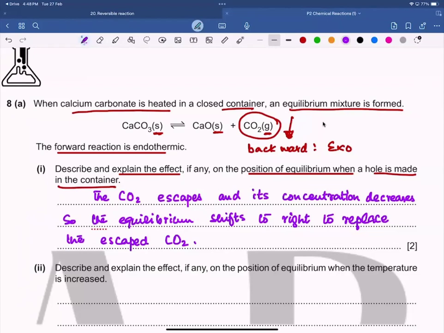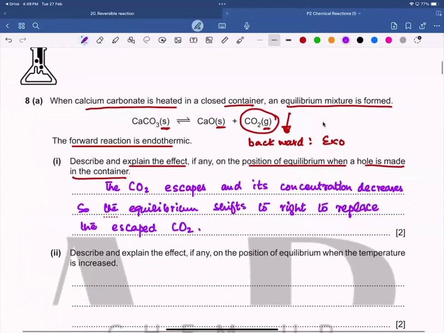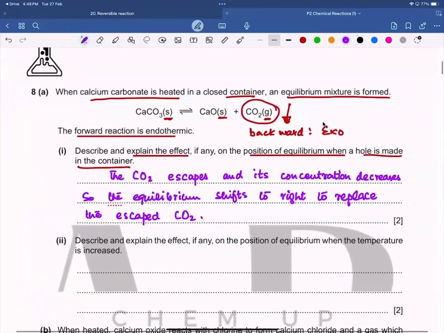Okay, now describe and explain the effect, if any, on the position of equilibrium when the temperature is increased. So if we increase the temperature, equilibrium shifts towards the right, because the forward reaction is endothermic in this case.